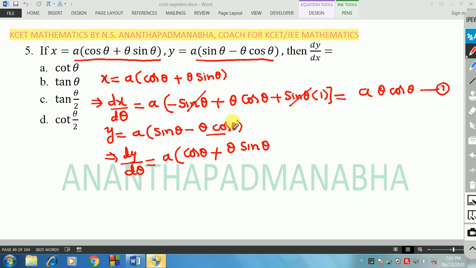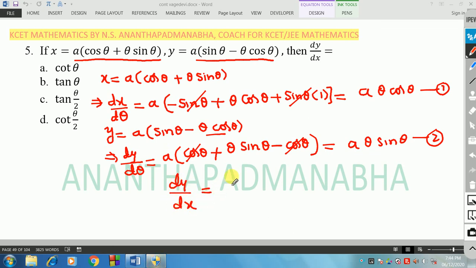In the product rule I have plus, but I have a minus sign here, so I write minus into derivative of theta, which is 1, and second function cos theta. Here cos theta gets cancelled and we are left with a into theta into sin theta. This is equation 2. From 1 and 2 I can find dy by dx, which is required.